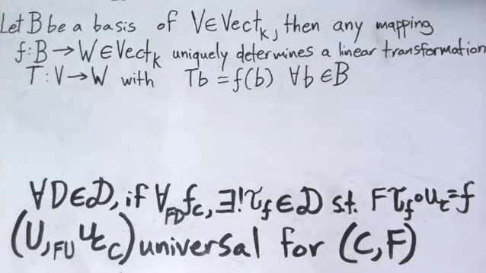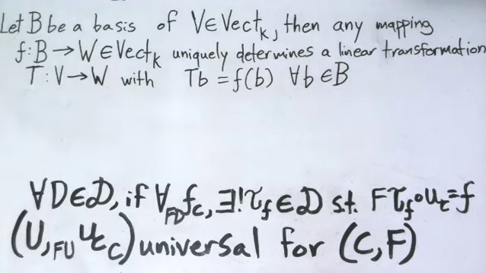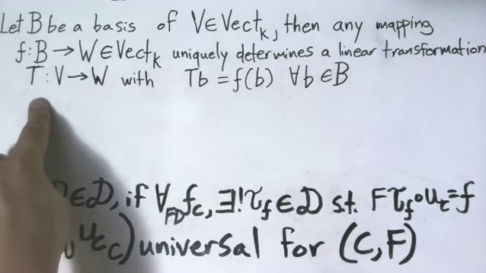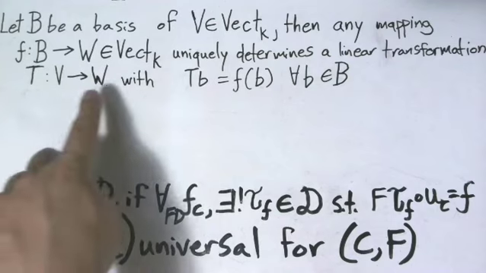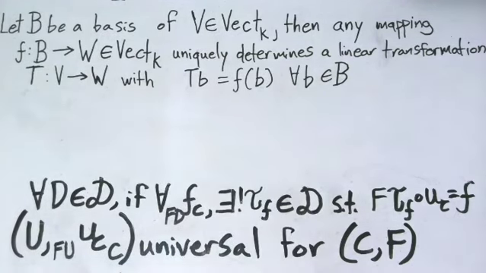So I'm just going to take this statement as given, but a good exercise would be to go back and review this linear algebra proof. It's not too difficult. So what you need to do is prove that if you give me any f, which is mapping the basis vectors B of a vector space V into another vector space W, then there is always a linear transformation going from V to W that agrees with f on all of the basis vectors.